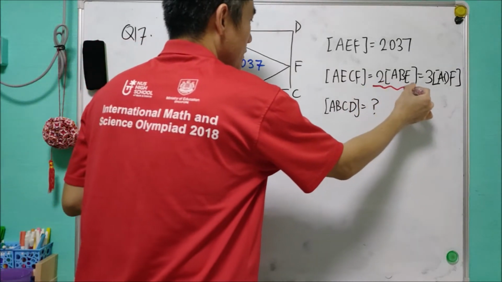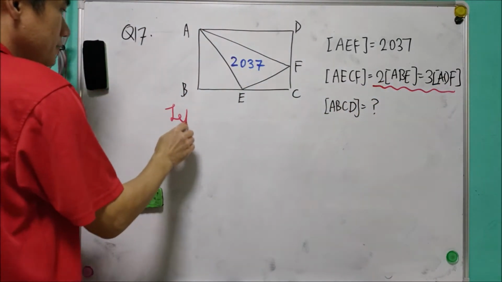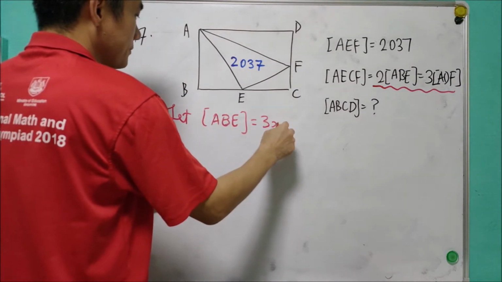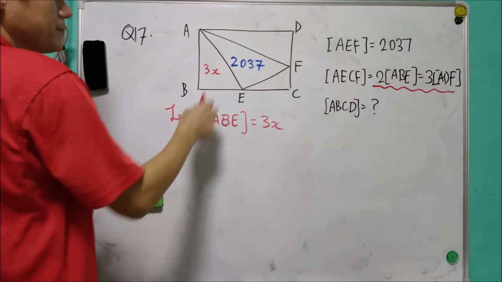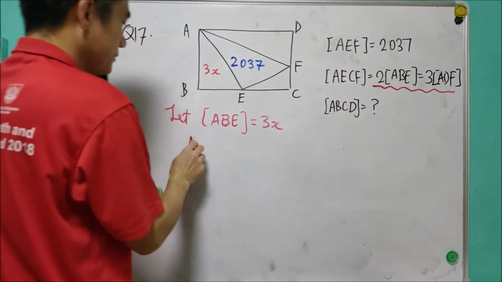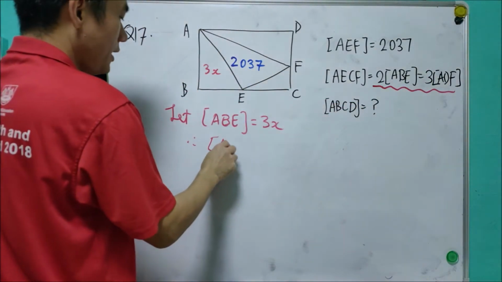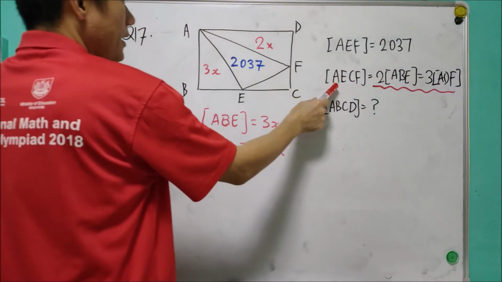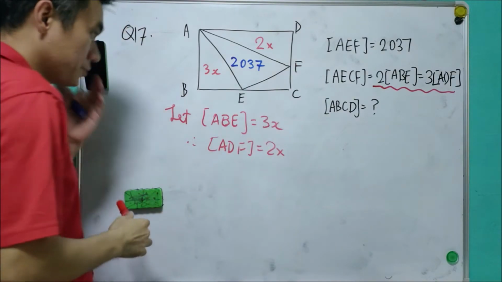From this condition, we can let the area of ABE equal 3x. Therefore the area of ADF will be equal to 2x, which means that the area of AECF equals 6x.